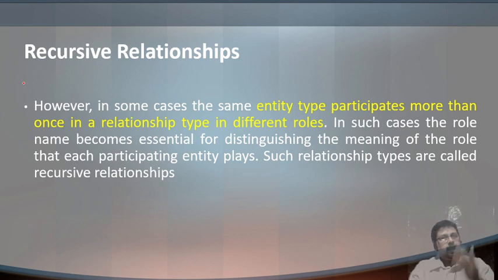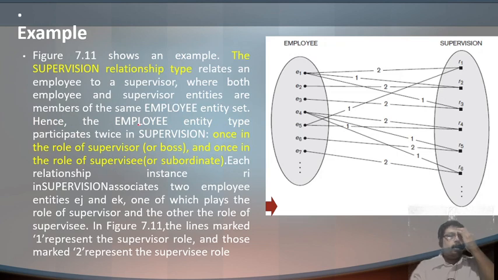Now here we are saying that these roles are not fixed. They will be varying. What is the meaning of that? Such a relationship we call a recursive relationship. We will try to understand it with one example. Look at this figure.